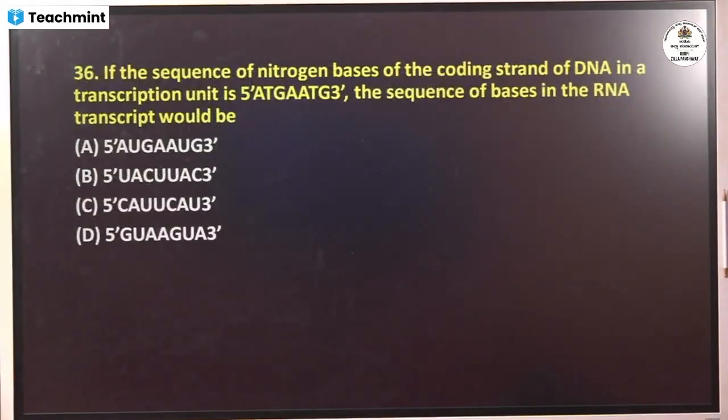If the sequence of nitrogen bases of the coding strand of DNA in transcription unit is 5' ATGAATG 3', the sequence of bases in the RNA transcript would be 5' AUGAAUG 3', 5' UACUUAC 3', 5' CAUUCAU 3', 5' GUAAGUA 3'.